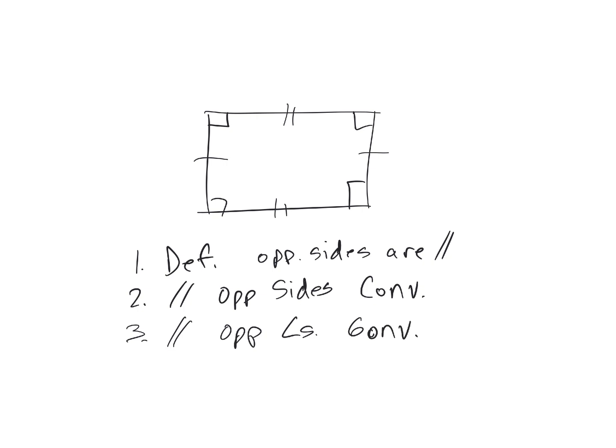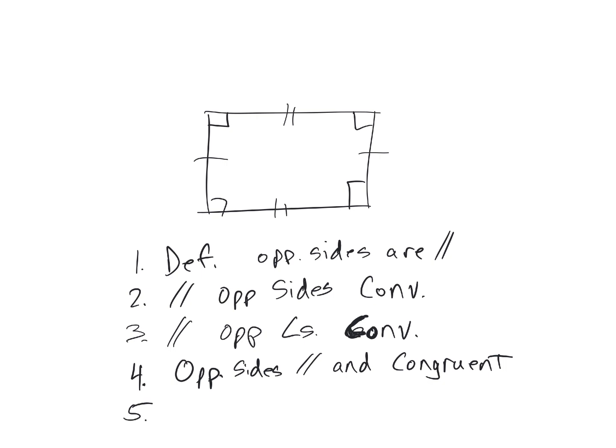Converse means that you're proving that it is a parallelogram, okay? Basically, if there's no parallel markings on it, then you should be using converse in your answer, okay? Number 4 is opposite sides parallel and congruent theorem. And number 5, parallelogram diagonals converse. Okay, so based on what those 5 are, which one best describes that picture?